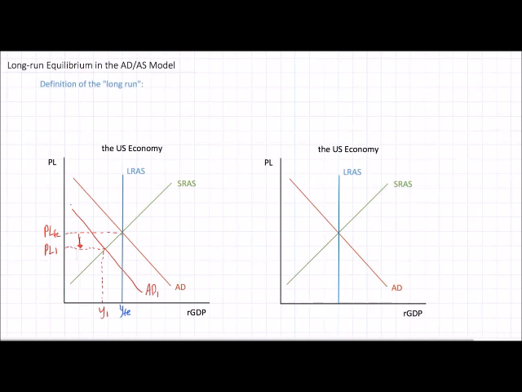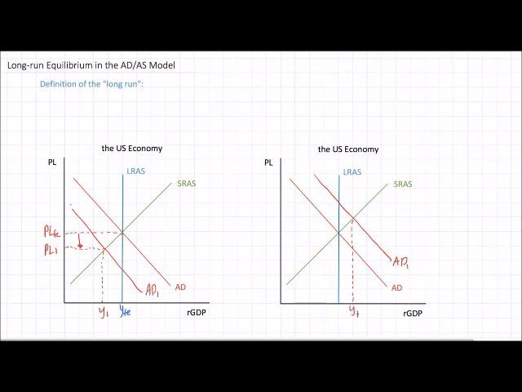If firms could adjust the wage rates that they paid their workers as the prices of the goods that they produced fell, then they would lower wages when prices fell and continue to produce the same amount of output. If, on the other hand, there were an increase in aggregate demand in the economy, a positive demand shock, as we see in the graph on the right, in the short run, firms find it attractive to increase their output and hire more workers because wages are relatively fixed and it is profitable to produce more output.